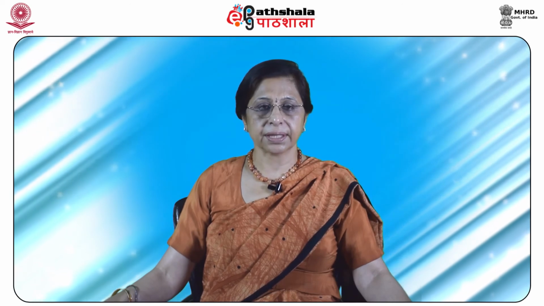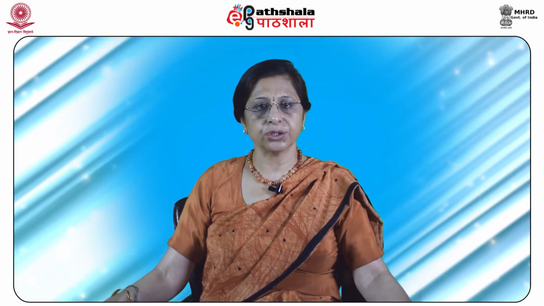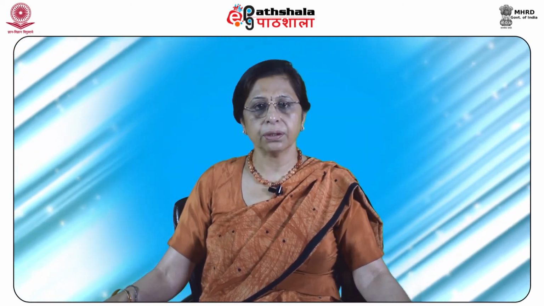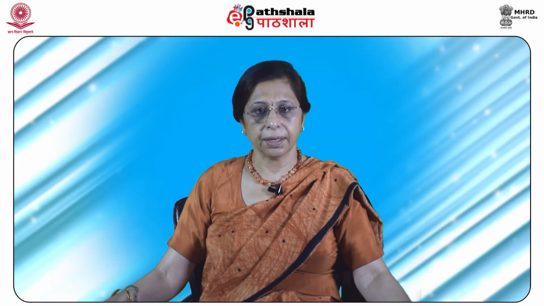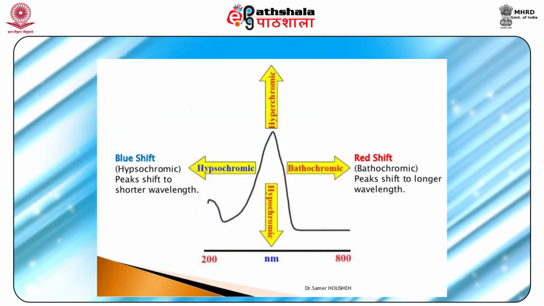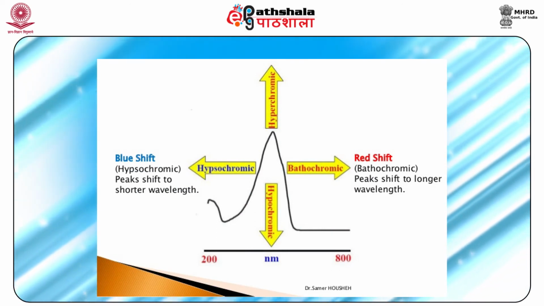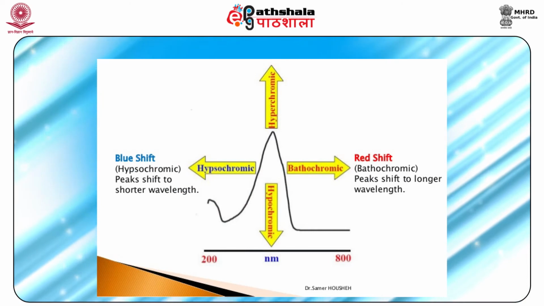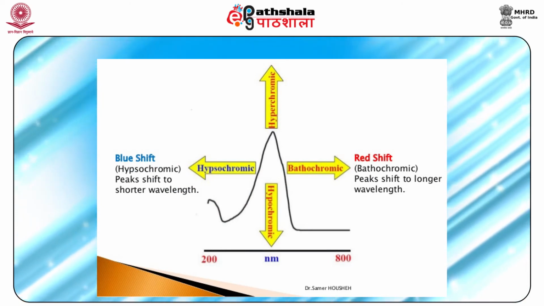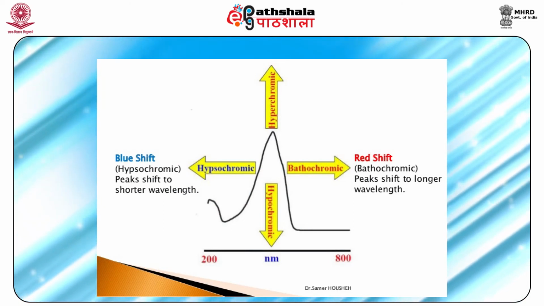Now, let us discuss the effect of conjugation on UV/visible absorbance. The presence of conjugation in a molecule always results in a bathochromic shift. The larger the extent of conjugation, the more will be the bathochromic shift.